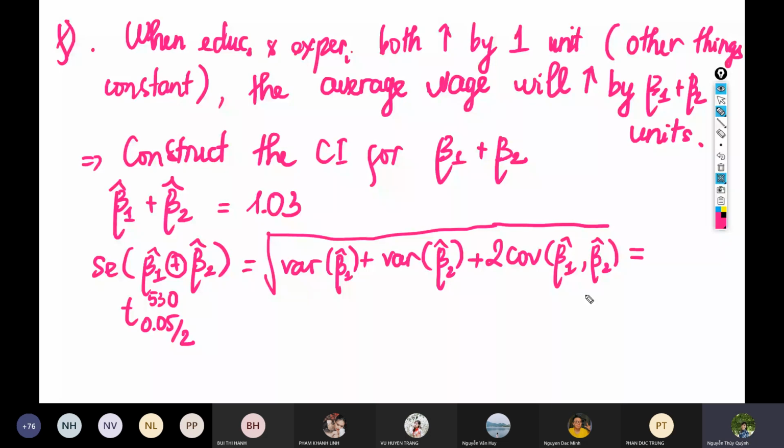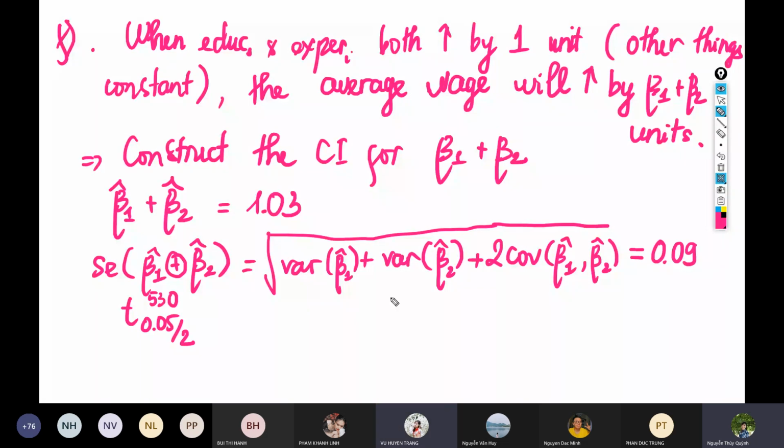All right, and what is the value? 0.09. Okay.